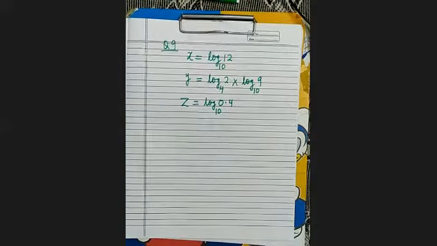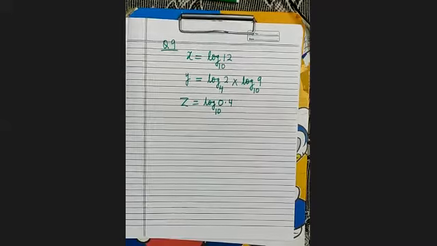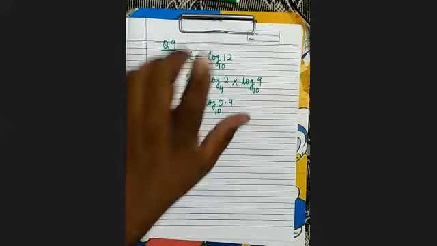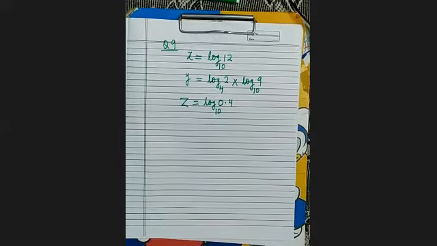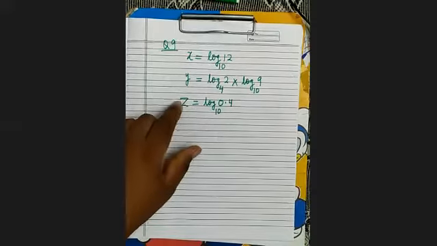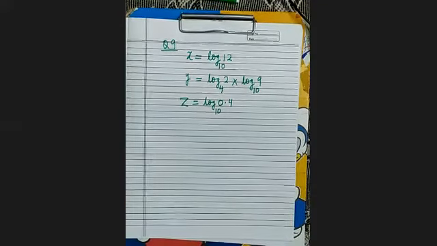It's clear? Now see here, first of all, you write log x, y, z in single logarithm. So if you see here, x is expressed in single logarithm. z is expressed in single logarithm.